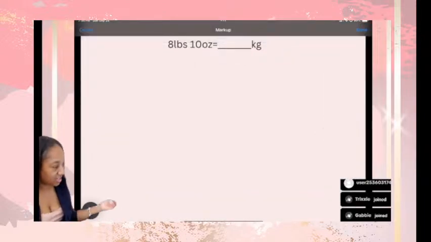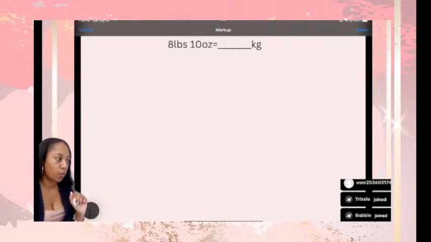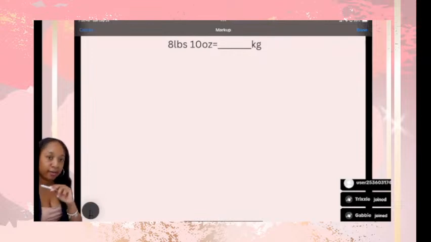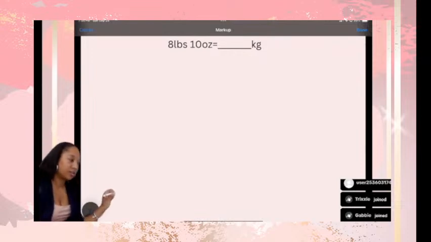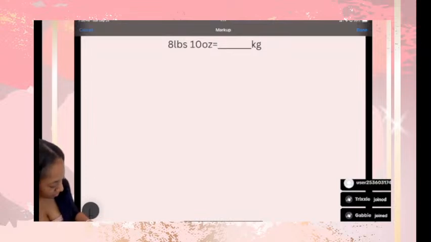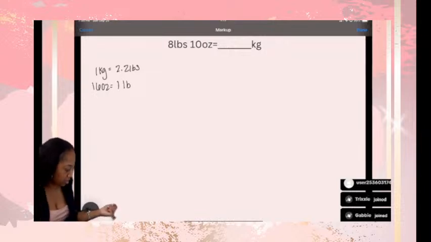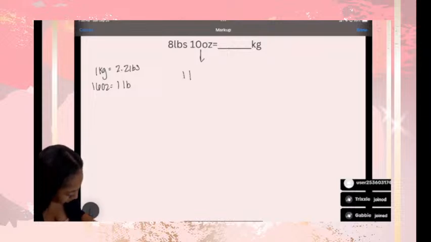So, 8 pounds and 10 ounces. Remember we had one like this before. You're going to have to convert your ounces to pounds, and then you can solve for kilograms, okay? So we'll put our conversion on the side. 1 kg equals 2.2 pounds. There are 16 ounces in 1 pound. So we'll do 1 pound over 16 ounces.